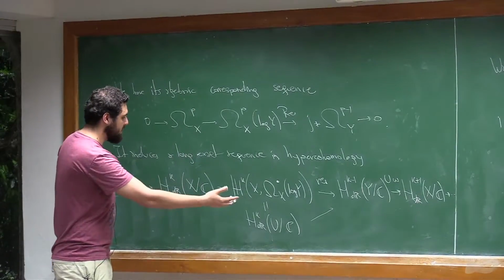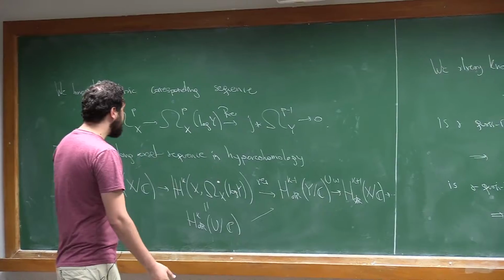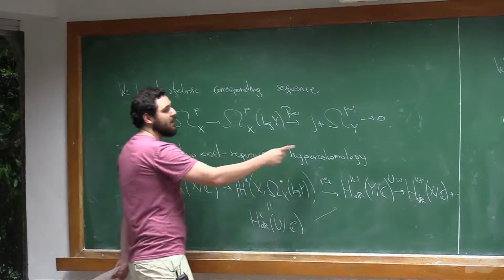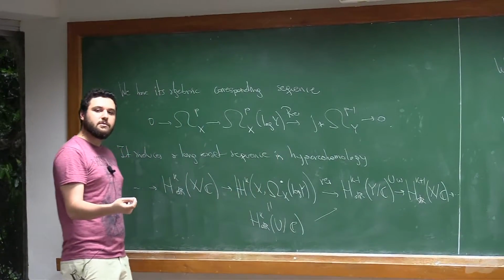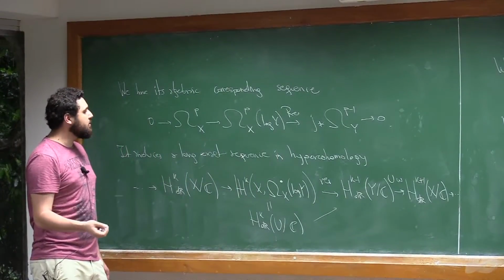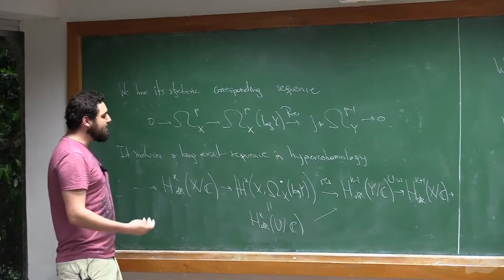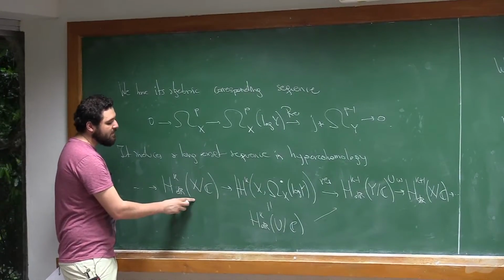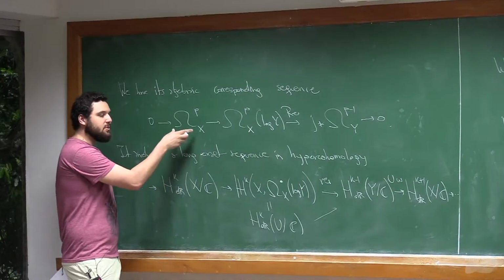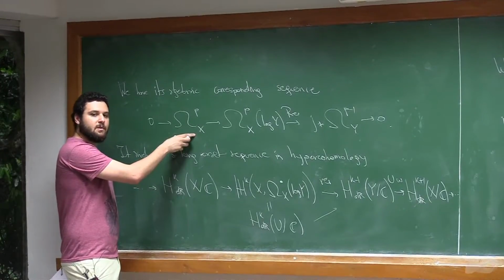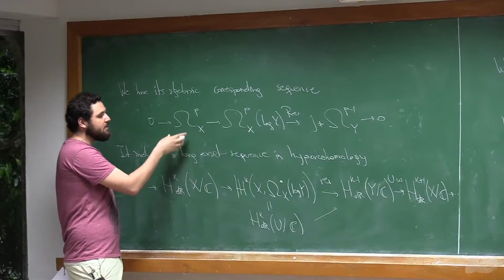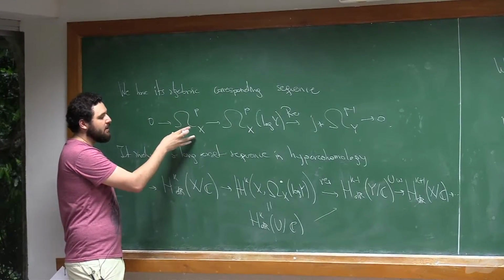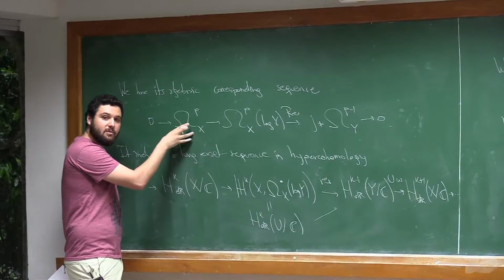So we know that the spectral sequence associated to the naive filtration of this complex and this complex degenerates at E1, right? And by what we saw, this implies that the filtration on de Rham cohomology here comes from the hypercohomology of the truncated complex. By definition, the filtration is the image of the hypercohomology with coefficients in the truncated complex, right?